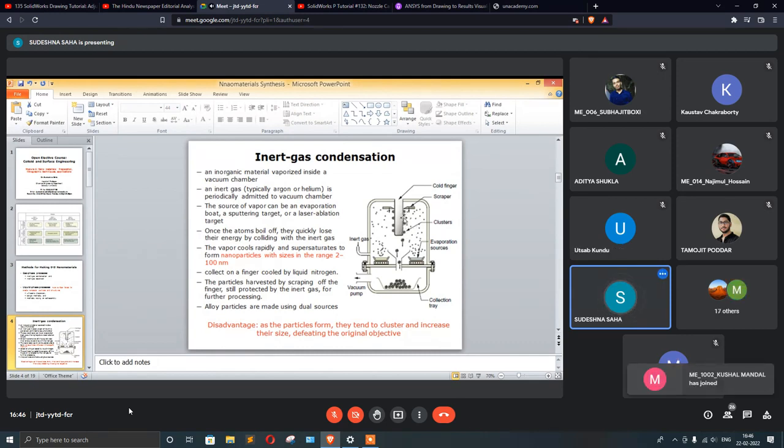And then these aggregates you collect by scraping off with the help of a scraper at the top of the vacuum chamber. Okay, and this is how it goes. So the main disadvantage is that as the particles form, they tend to cluster and increase their size, defeating the original objective of making nanomaterials.